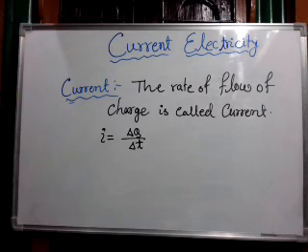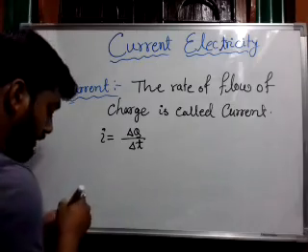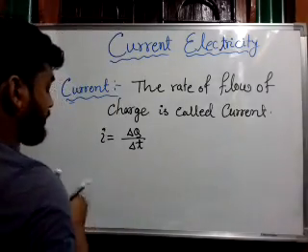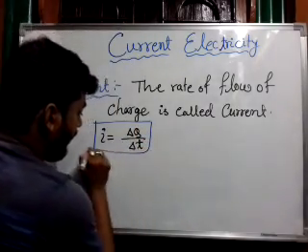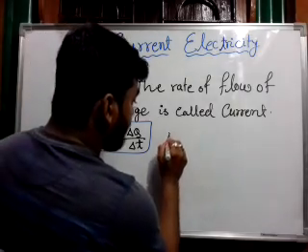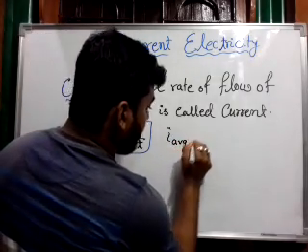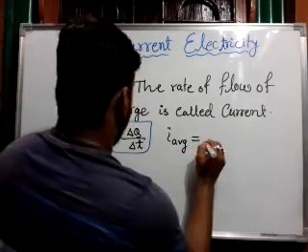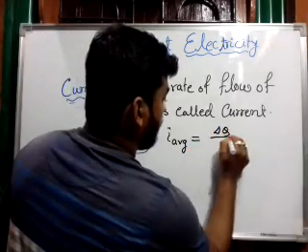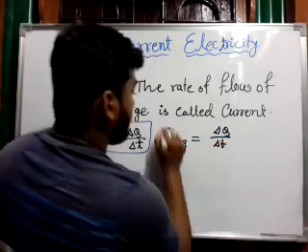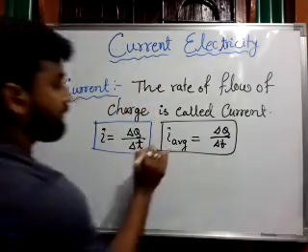Now, average current. I average is equal to del Q by del T. Remember it.